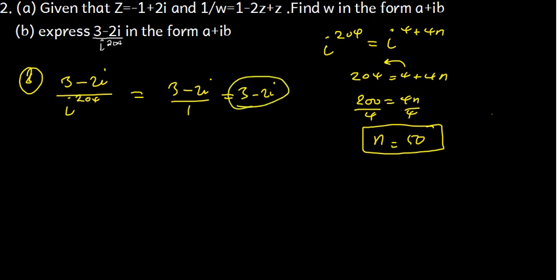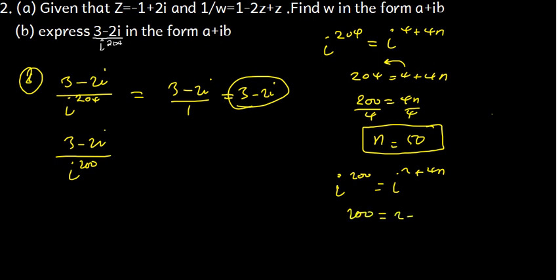Now what if it was 3 minus 2i divided by i to the power 200? How do you go about this one? Again, we need to see how we can write i to the power 200. Is it equal to i, negative i, 1 or negative 1? So let's try this. If we say i to the power 200 is equal to i to the power 2 plus 4n, we equate the powers. That will give us 200 being equal to 2 plus 4n.